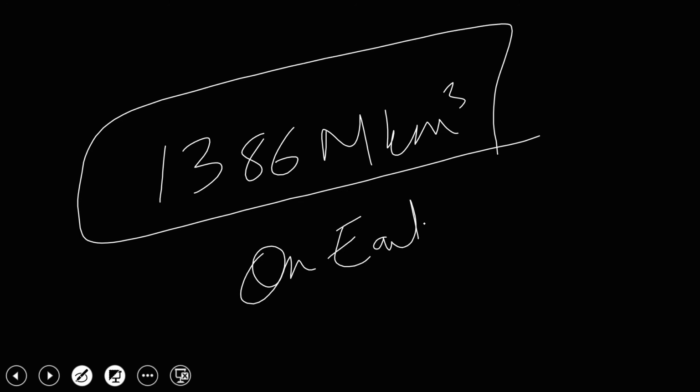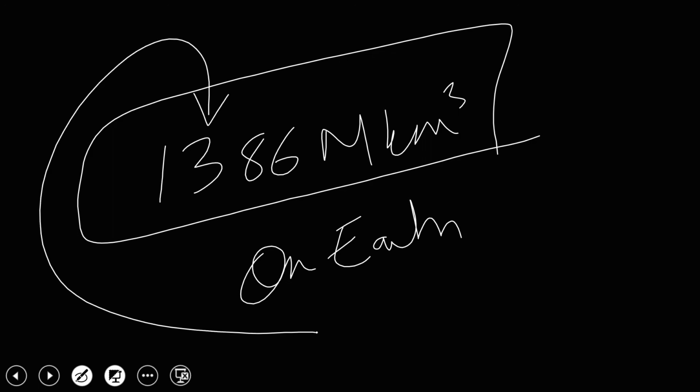Now, this is the amount of fresh water present on Earth that is almost easily available for us in the form of glaciers, I would say. Alright, I beg your pardon, not in the form of glaciers.